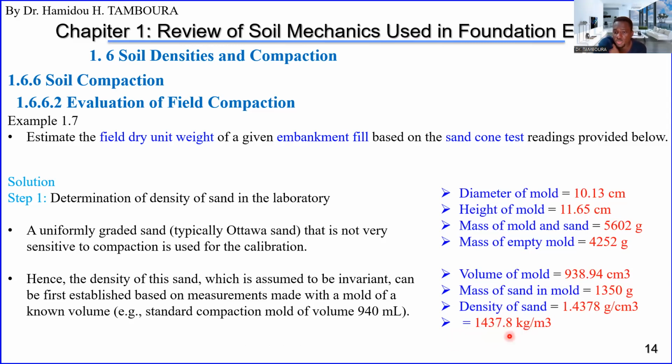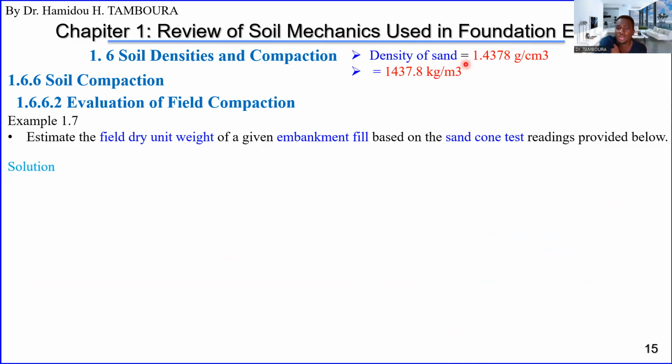Let's keep this value of the dry unit weight of the sand, the sand for calibration. This unit weight, we keep it here. This is in grams per cubic centimeter, and this is kilogram per cubic meter.